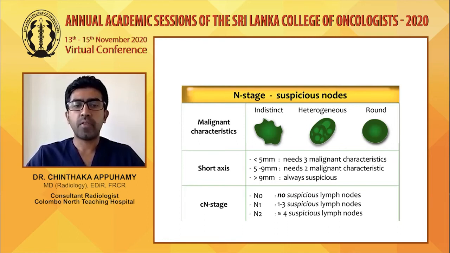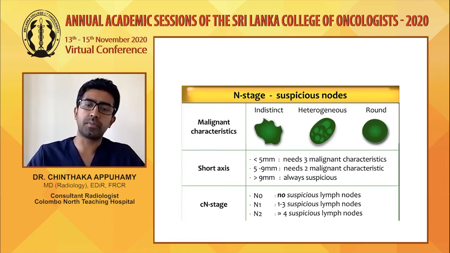But if it is more than 9 millimeter, we always consider them as suspicious nodes. So in the nodal stage, N0 is no suspicious lymph nodes, N1 is 1 to 3 suspicious lymph nodes, and N2 is when there are 4 or more suspicious lymph nodes.